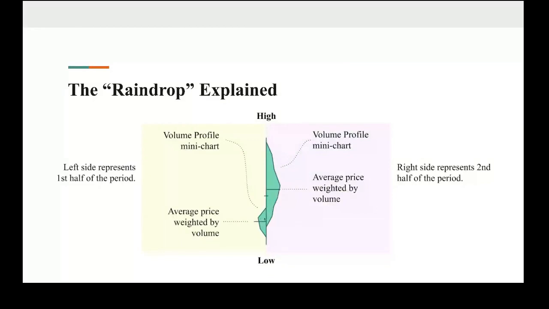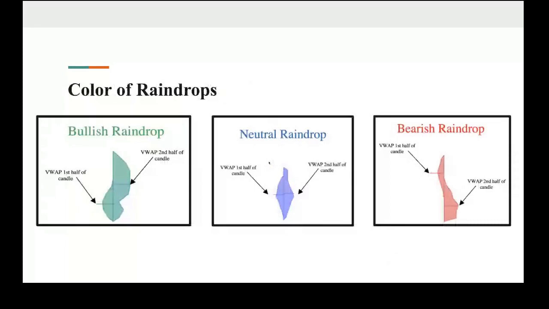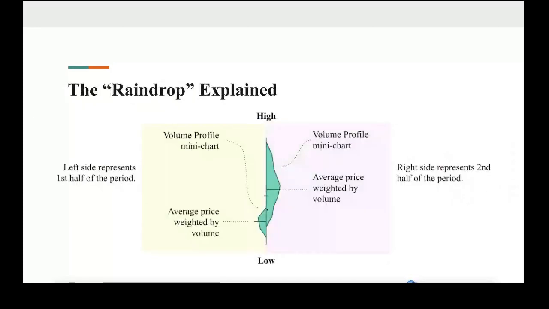You can see the volume starting to flow towards the top and creating new highs here on the chart. So during the second half, all of this volume was buyers, and we know it was buyers because it was pushing the price up. So demand was outpacing supply, and that's why we have this green bar, because the VWAP during the second half of the period was higher than the first.